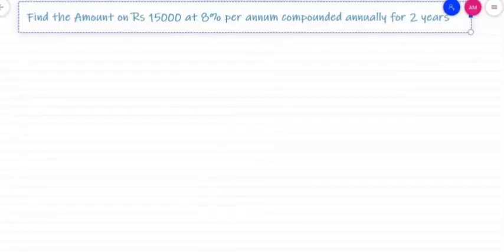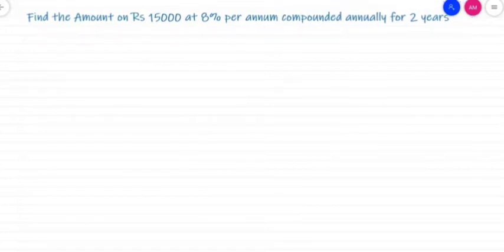Come on dear children, let us see question number 1 of worksheet 3. You all now are well acquainted with the questions of compound interest, and just now we have derived the formula to find the amount as well as compound interest using the knowledge we had regarding finding interest term wise.